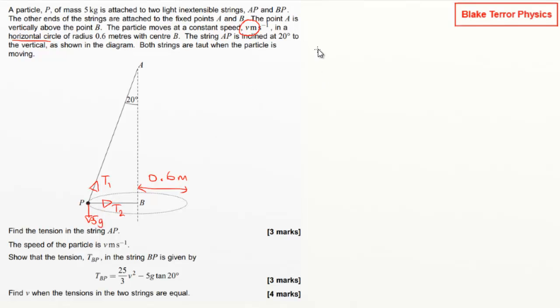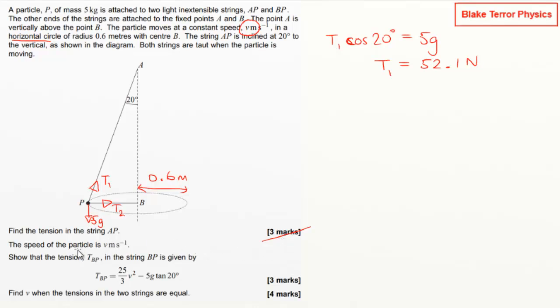So we can say that T1 cos 20 degrees is going to be equal to 5g. So T1 is 5g divided by cos 20, which is, tapping it in the calculator, 52.1 newtons. So that was fine. That was a quick 3 marks.